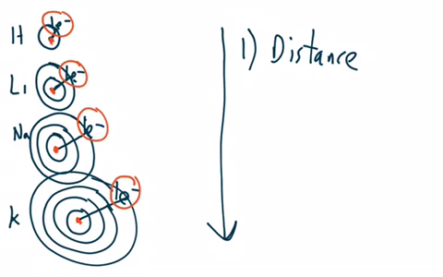There's an attraction. However, as atoms get bigger, notice that the distance between the protons and the electrons increases. As the distance gets bigger and bigger, the attraction actually decreases. Think of 2 magnets: as you separate the magnets and put them further from each other, they're not attracting as well.